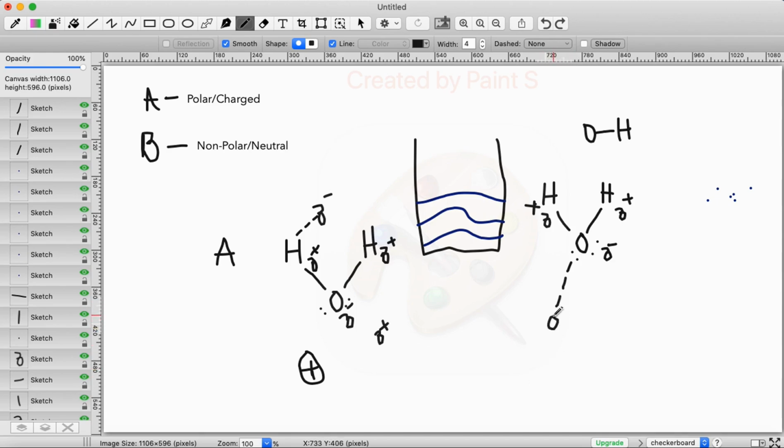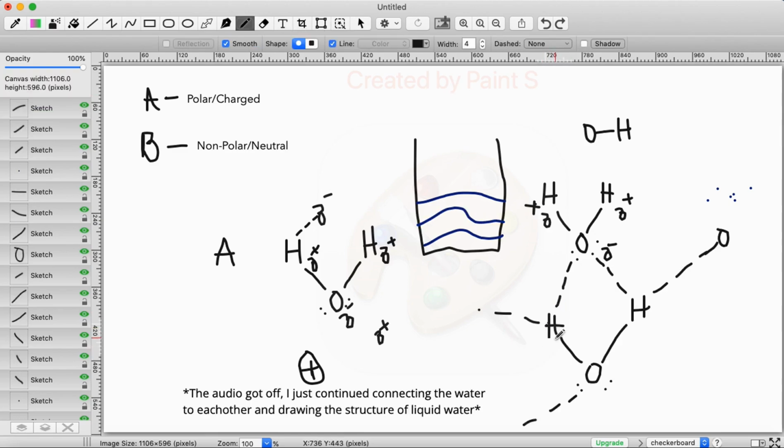So here, what would happen is, actually that's wrong. What would happen is you'd get another proton. Okay, so you can see the structure forming. And because you have this structure, there's so much interaction between the water molecules.